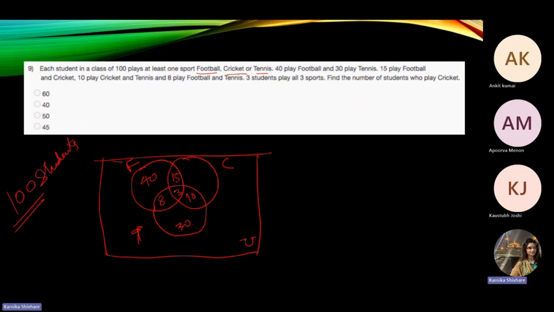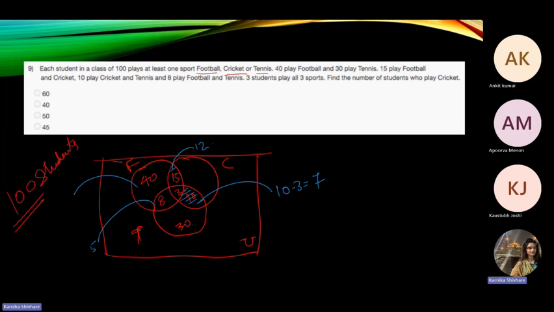So this is 3. It means how much is this one? This is 10 minus 3, which is 7. This is 12. This is 5.